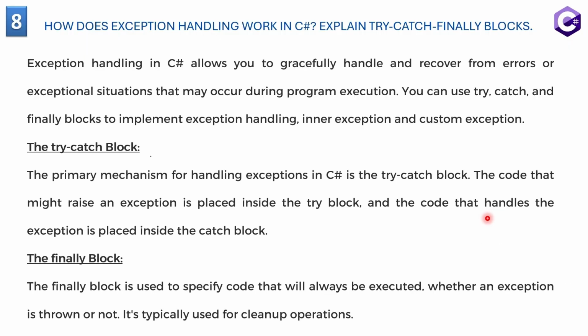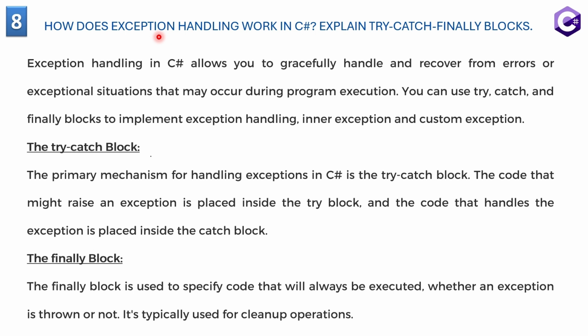So another question is how does exception handling work in C#, and explain try, catch and finally blocks. Exception handling in C# allows you to gracefully handle and recover from errors or exceptional situations that may occur during program execution. You can use try, catch, and finally blocks to implement exception handling, inner exception, and custom exception.